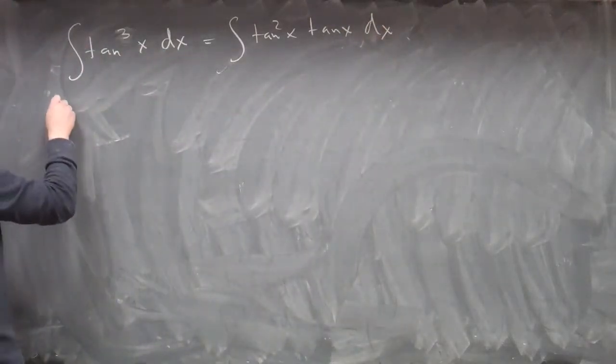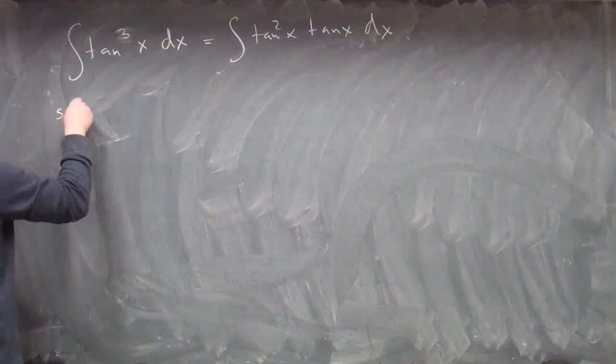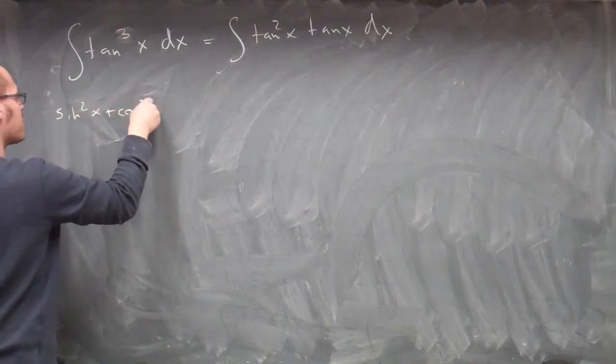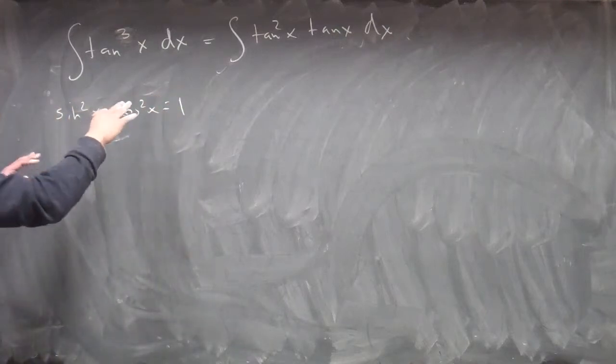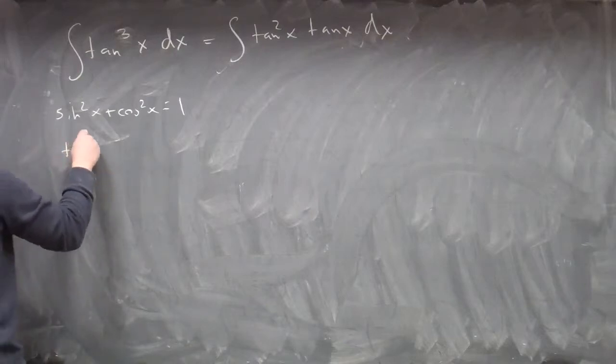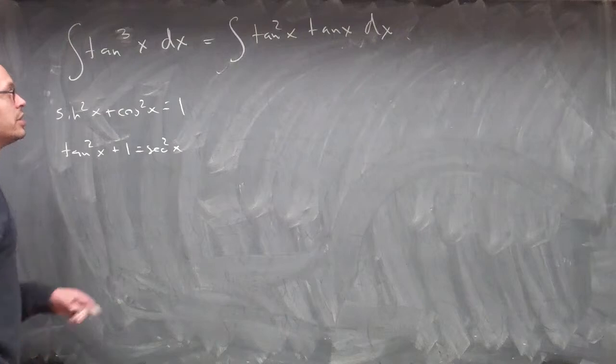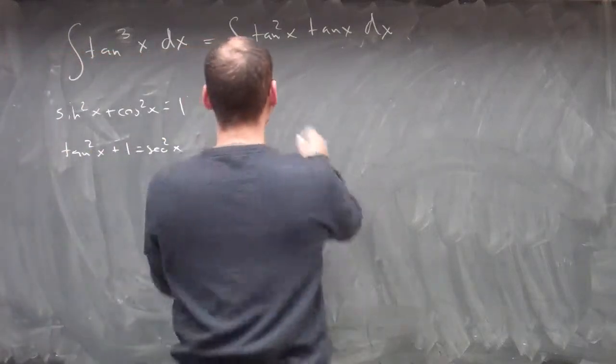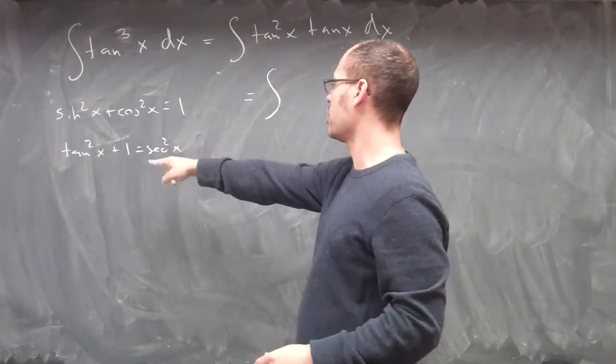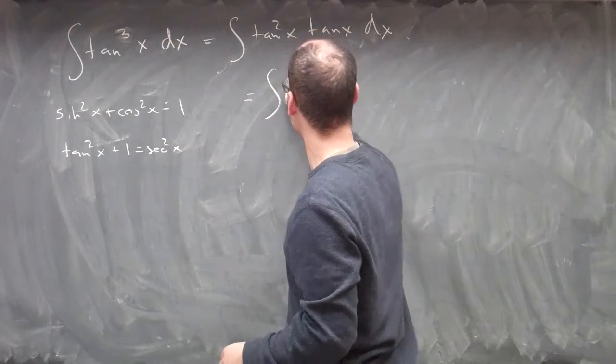So what do we have? From sine squared plus cosine squared is 1, if we divide everything through by the cosine squared, we get tan squared plus 1 is the secant squared. So using that identity, I rewrite the tan squared as secant squared minus 1.